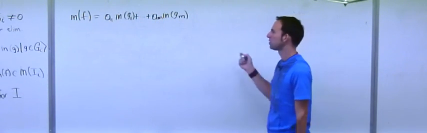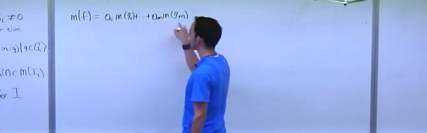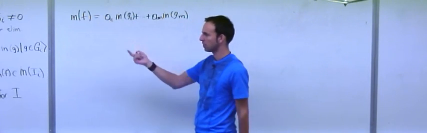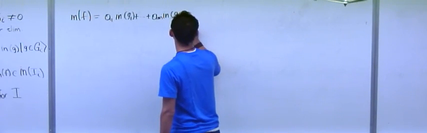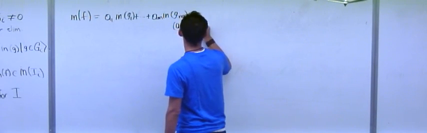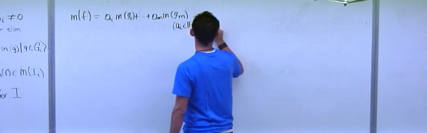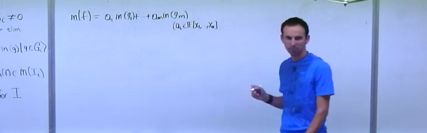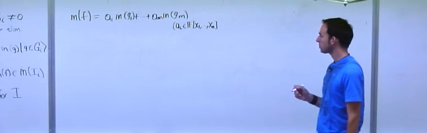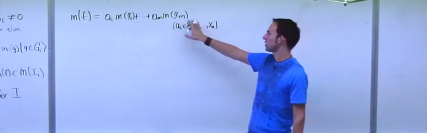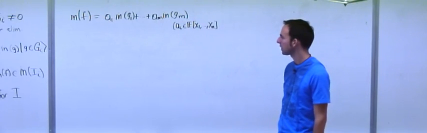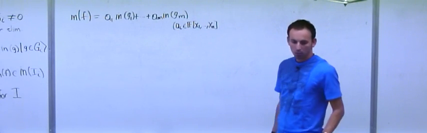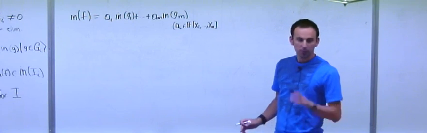where these are my generators, and the AIs are anything in my polynomial ring. Okay. So this just comes from the fact that G1 up to Gm is a Gröbner basis for the original ideal I. Okay. And now I'm going to say the following.